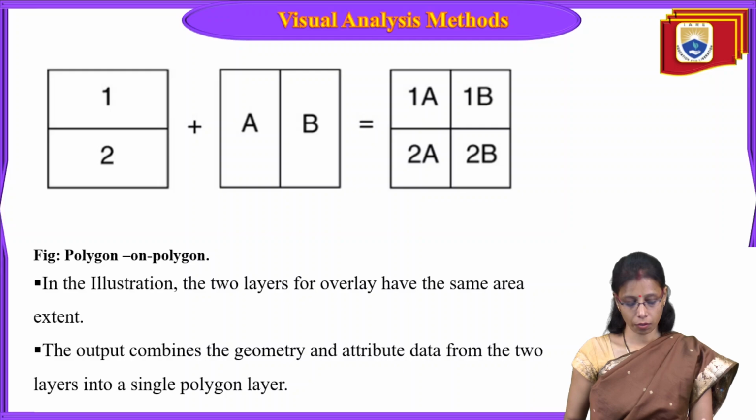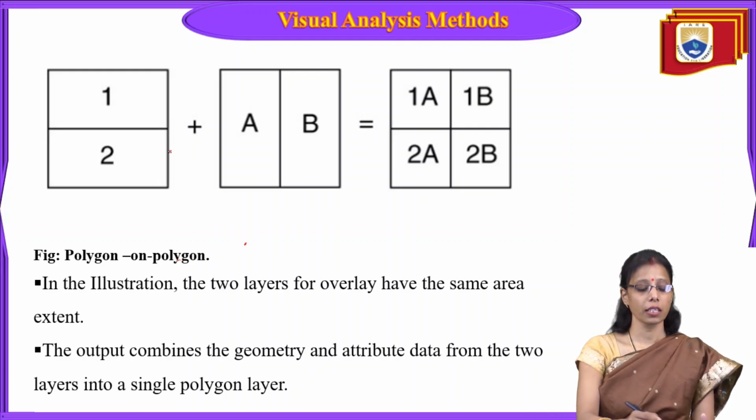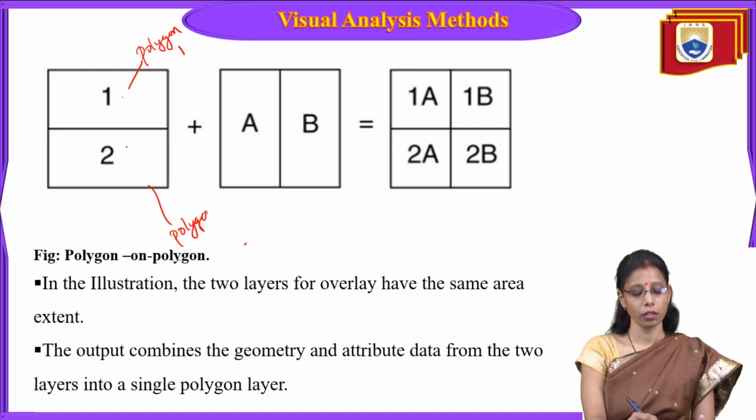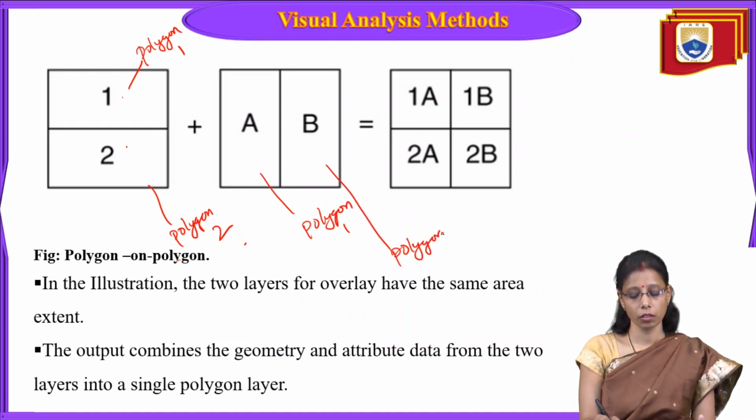Now you have polygon on polygon. You can see here we have one polygon, two polygon. This is polygon 1, this is polygon 2.